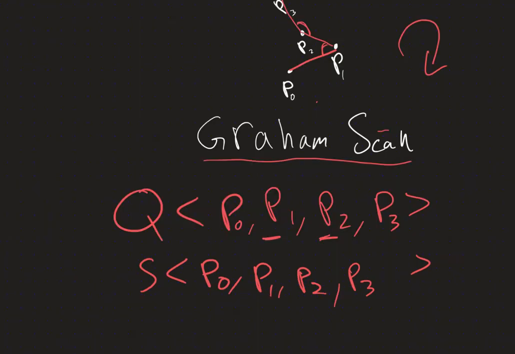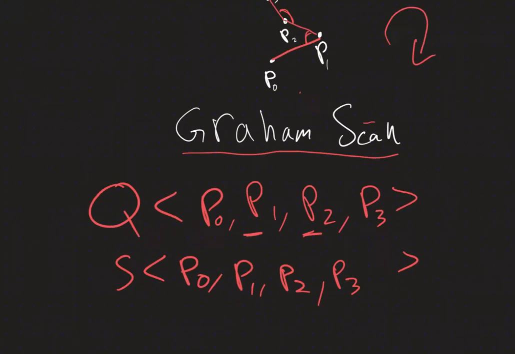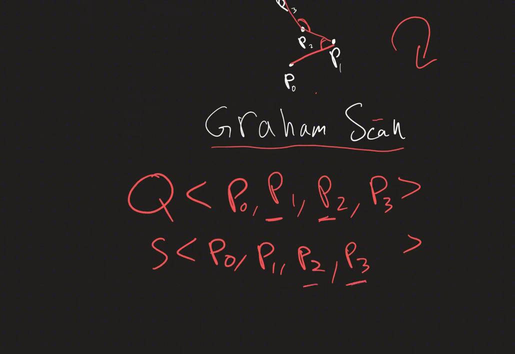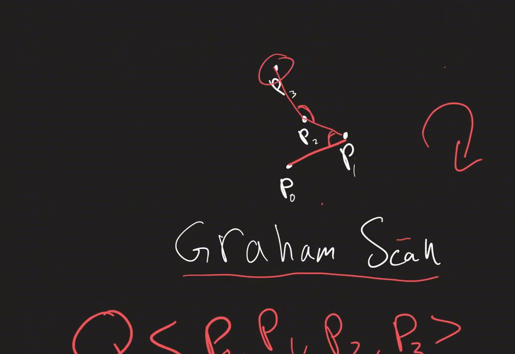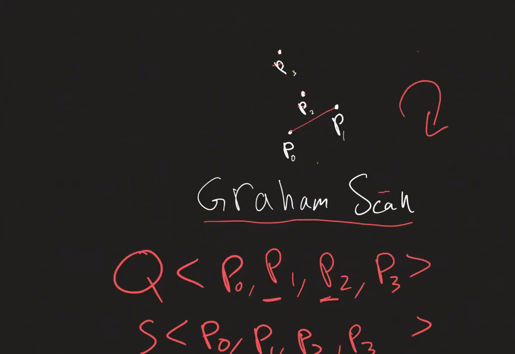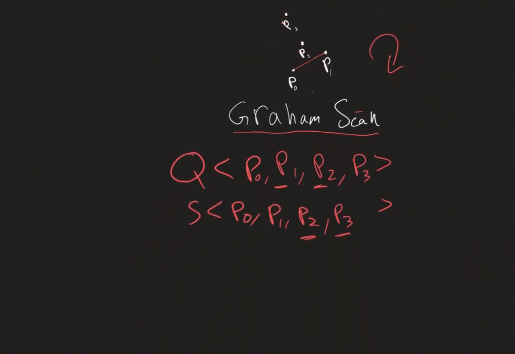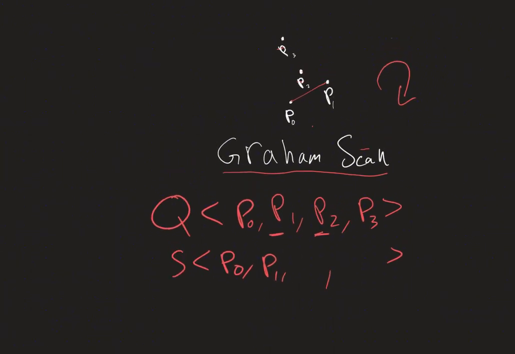And this is where the Graham scan kicks in. We pop the last two, which are P3 and P2. As you can see, we popped P2 and P3 from our stack, and then we check P3 against the next-to-top, which is P1.